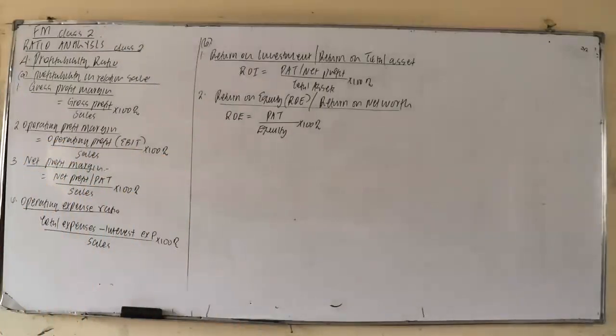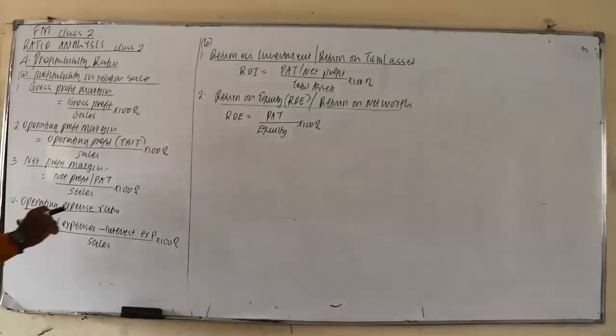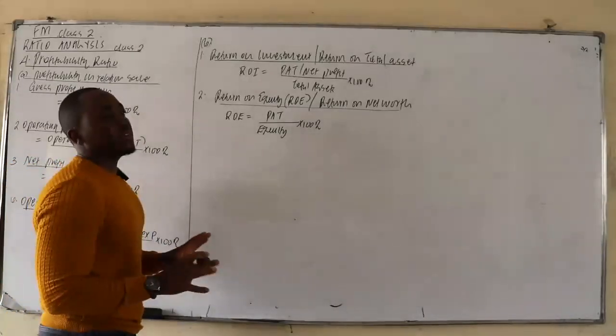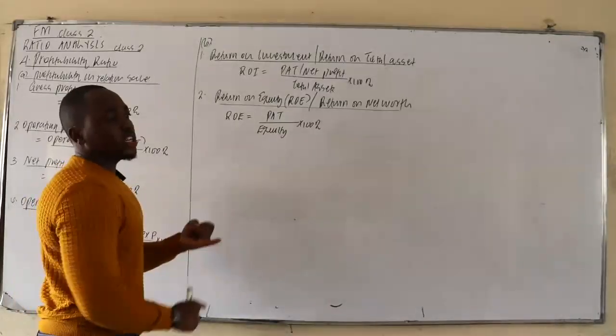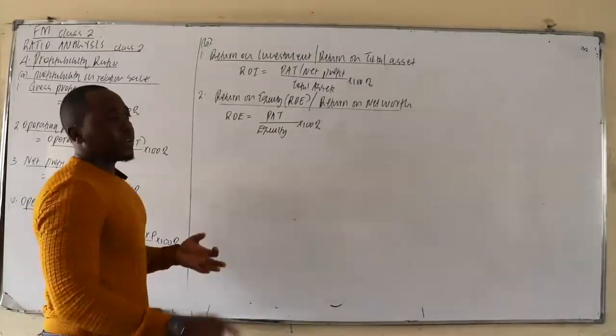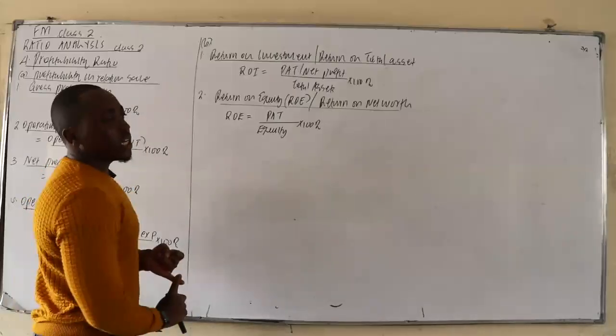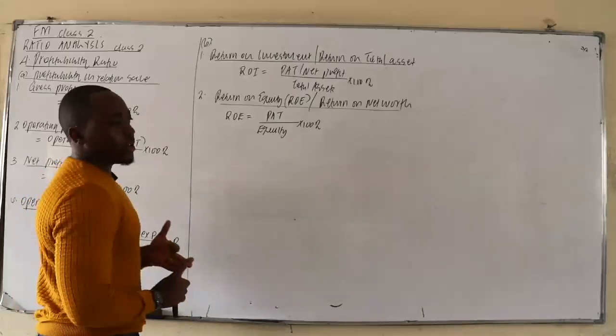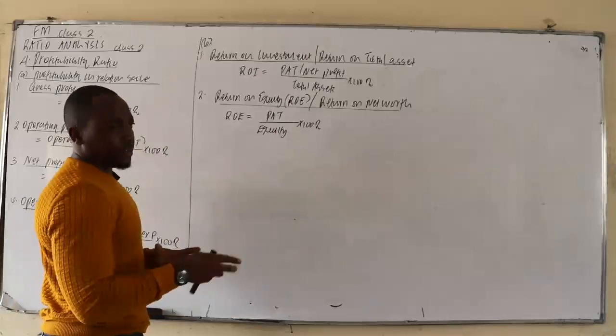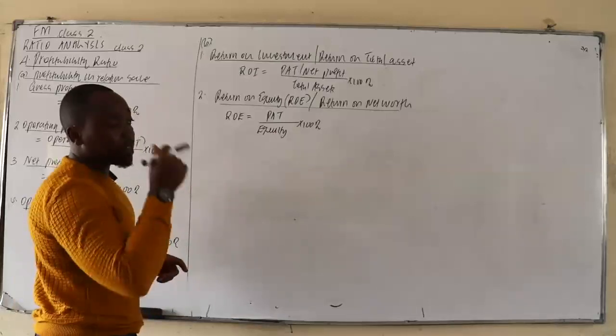That is what makes up the equity. In short, that's the ordinary shareholders. The preference shares are not part of the equity. We have the ordinary share capital, the share premium, the retained earnings, and then reserves such as revaluation reserve.